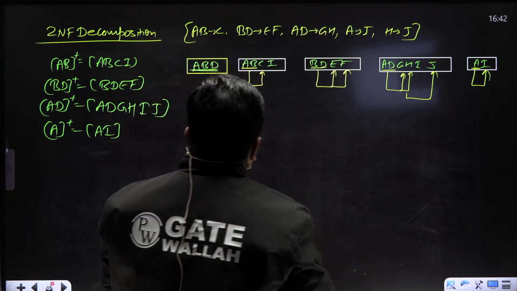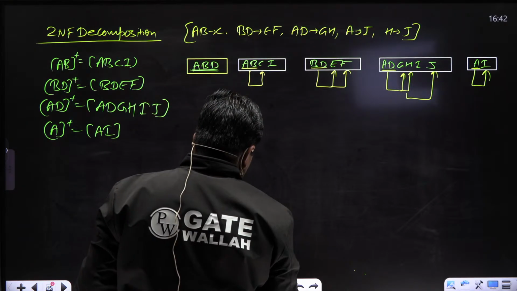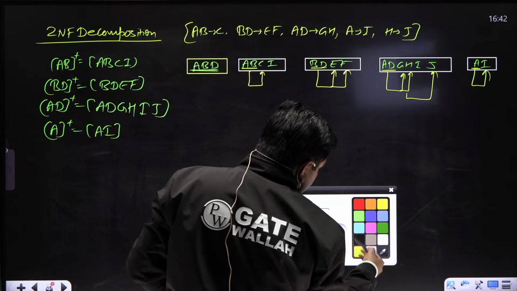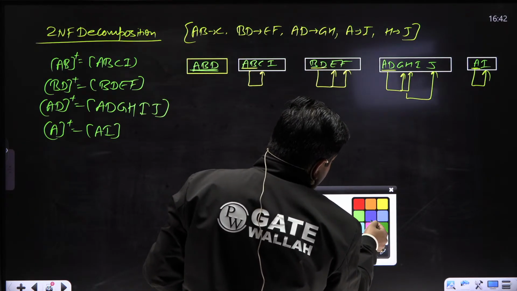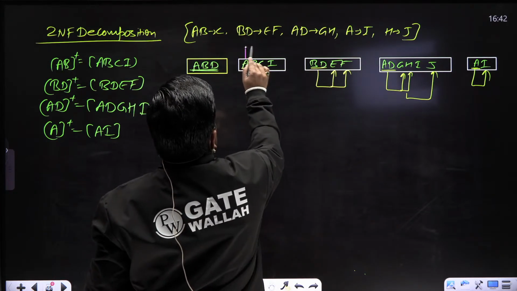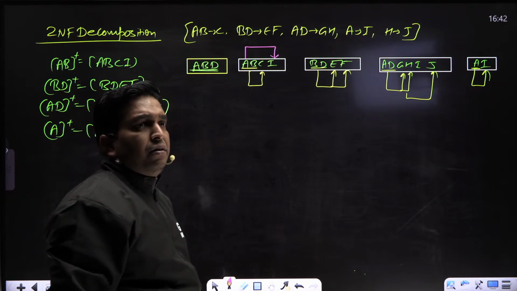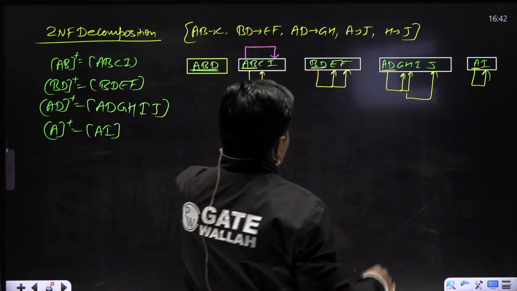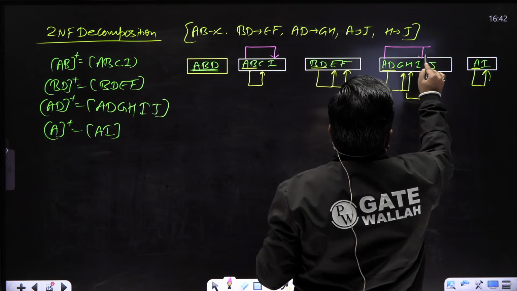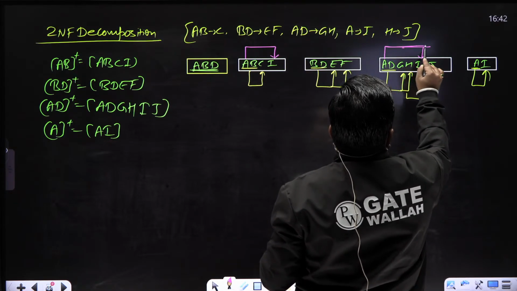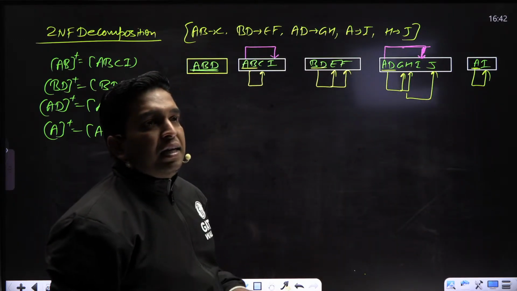So here you can see, my dear, I am using a different color pen. Is it visible? Here you can see A tends to I. Clear?